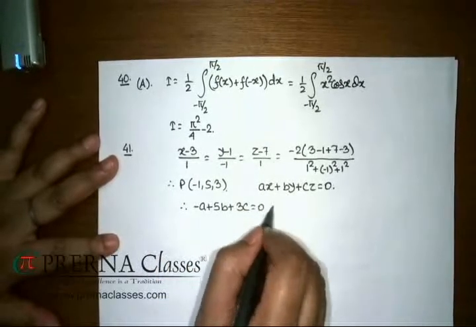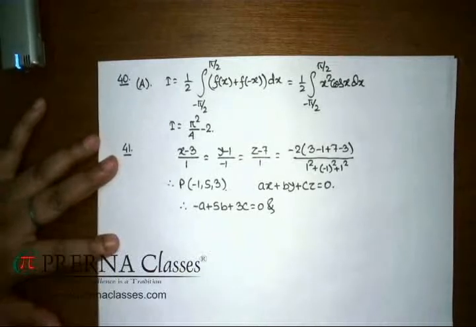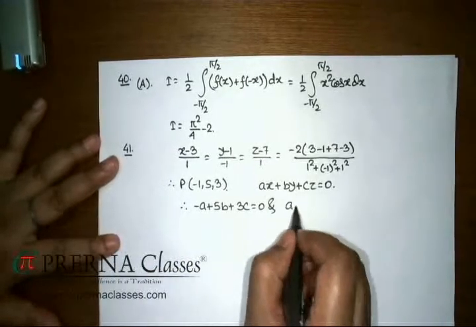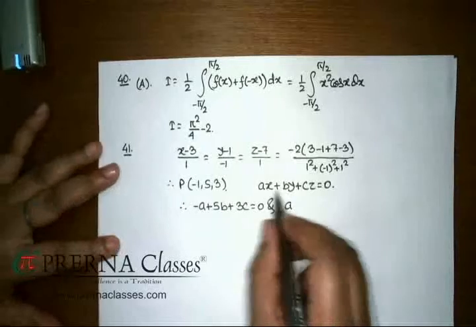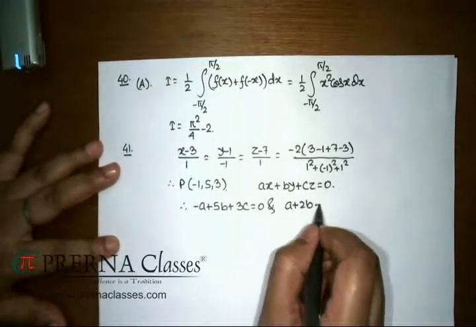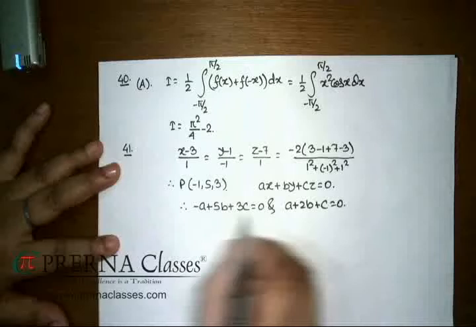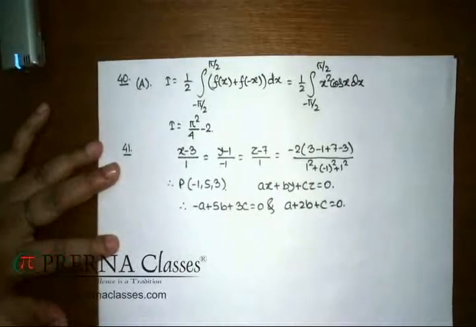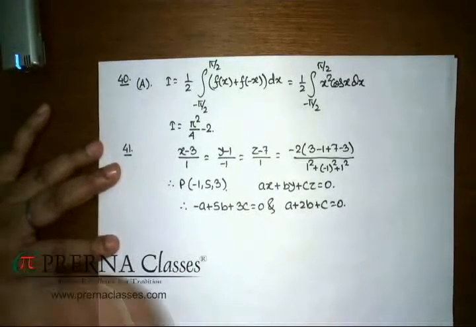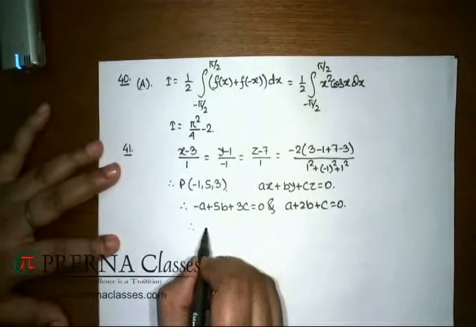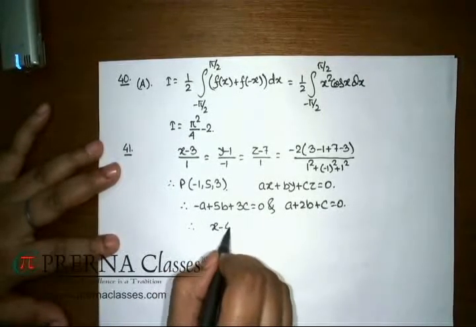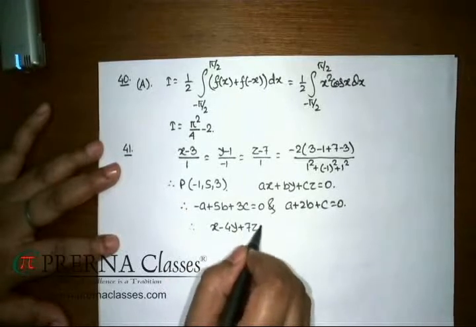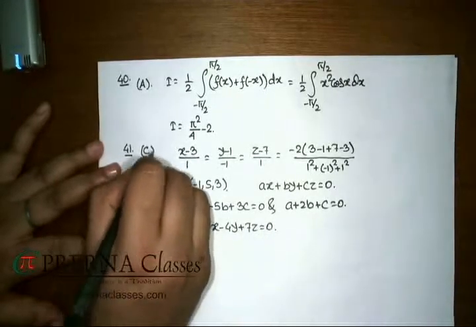So I can write this statement, and the line given to you is lying in that plane, so the dot product of that line and this normal vector should be 0. Solving these two equations, you can check A, B, C are going to be related to one another. Once you simplify this whole matter, you will end up getting that equation as in this one, which matches with option C of that problem.